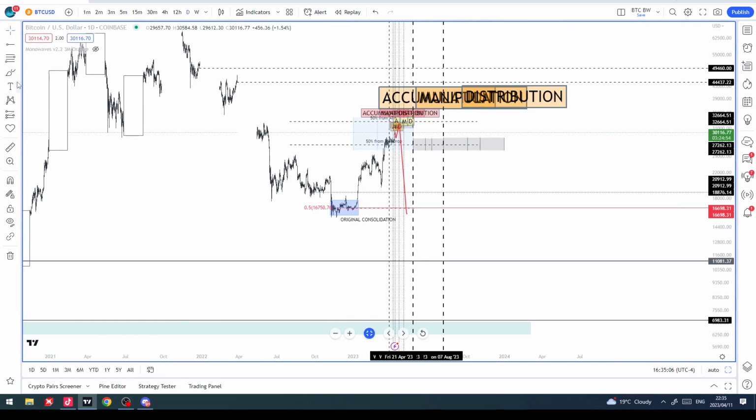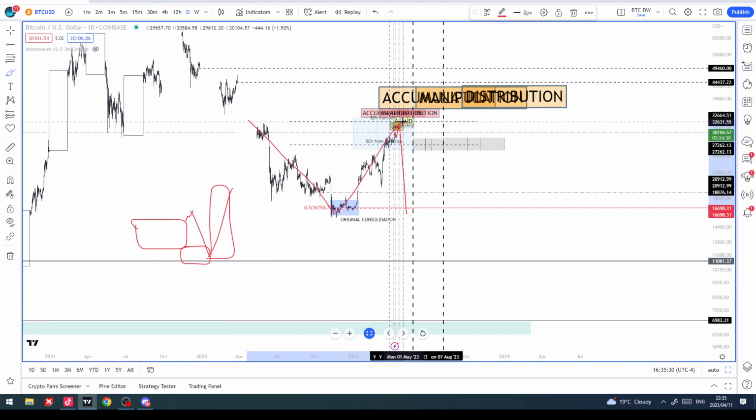So if you think about it here, this price action is this. We are here. Do they manipulate like this first and then distribute higher like that? Because what's that giving us?